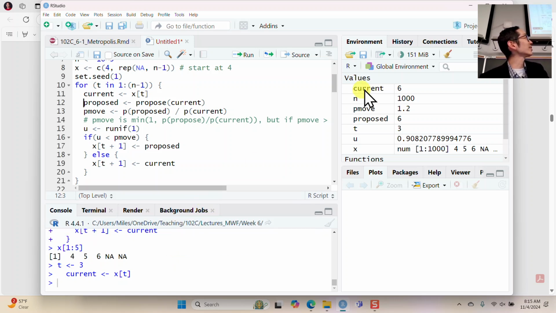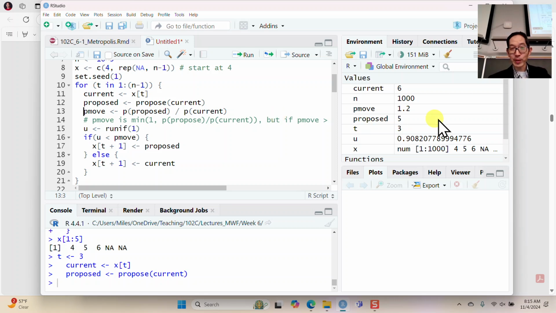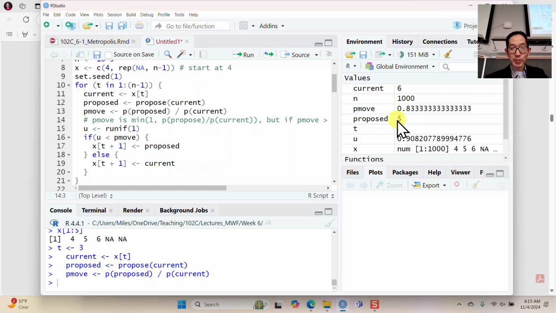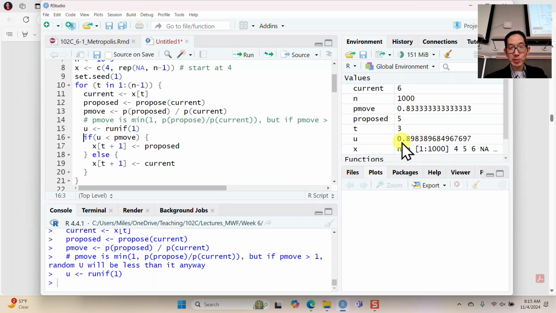So my current value is 6. Let's propose a value. We're proposing 5. My P move is going to be 5 over 6, 0.8333. The random U I get is 0.89. So 0.89 is greater than 0.833, so I'm not going to take the proposed value.